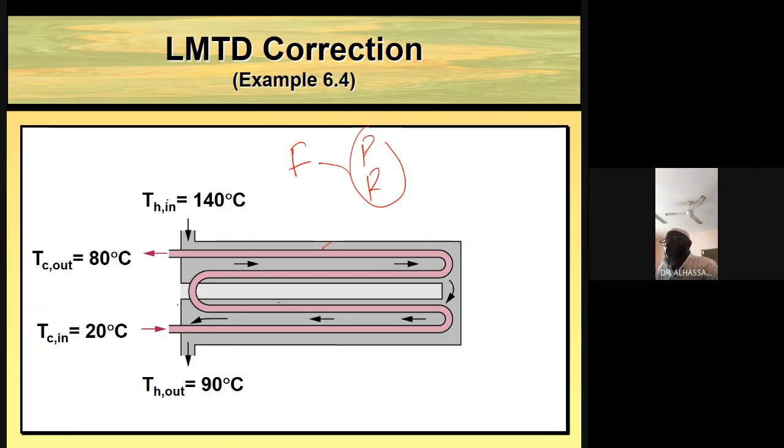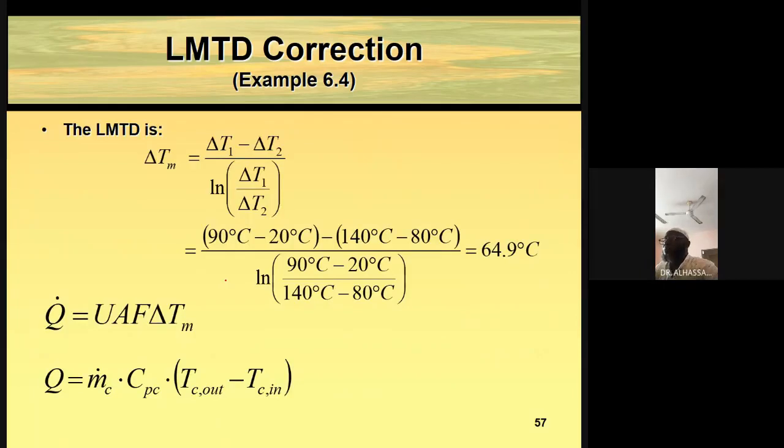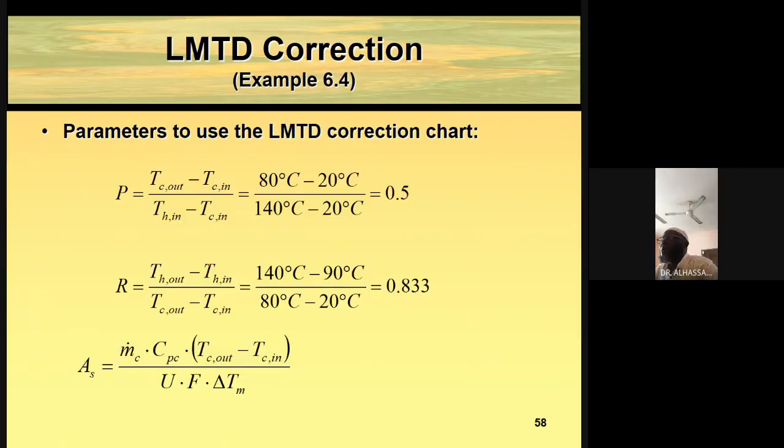Here, all the temperatures, inlet and exit of the heat exchanger, are already given. So delta T is given by delta T1 minus delta T2, which gives us 64.9 degrees Celsius. Now we need to determine our correction factor. P equals 0.5, and 0.833 is equal to R. So now we move to the graph.